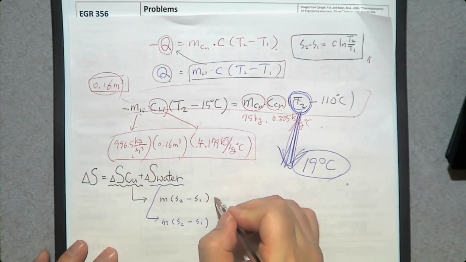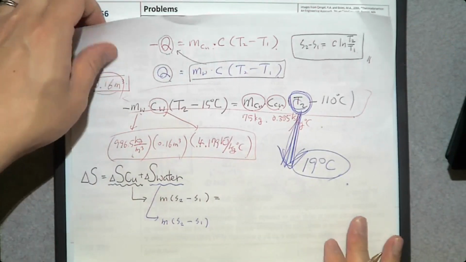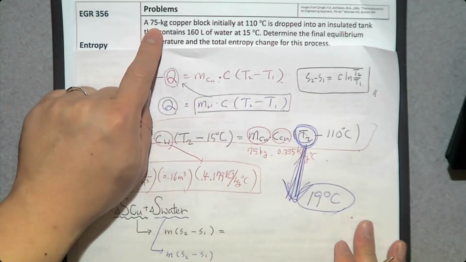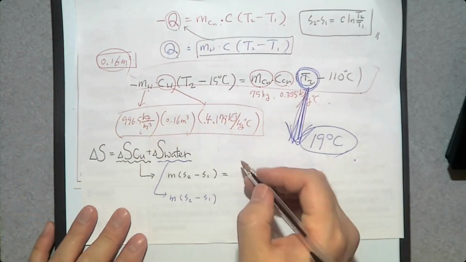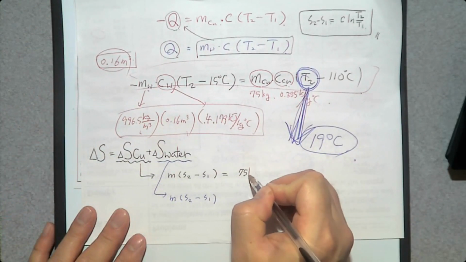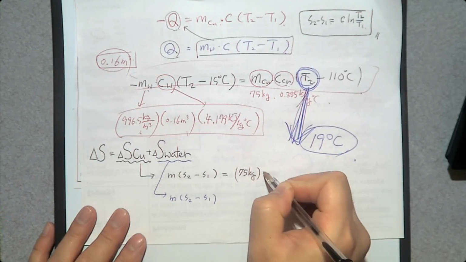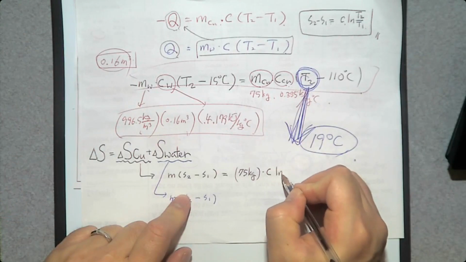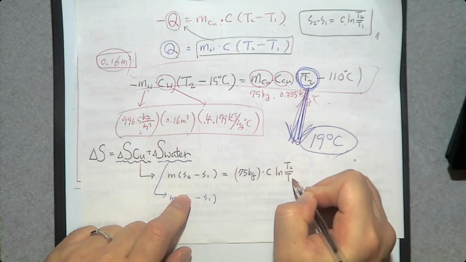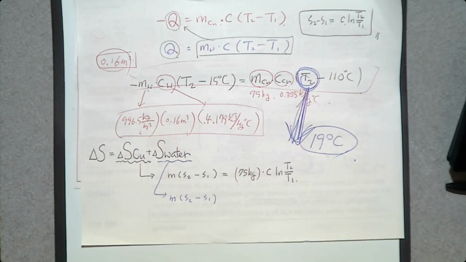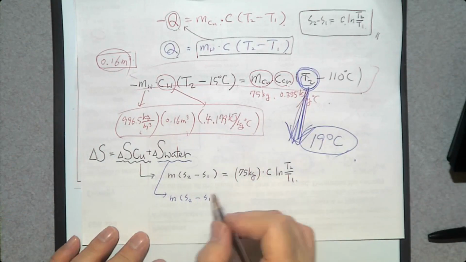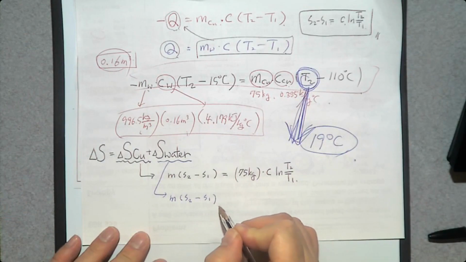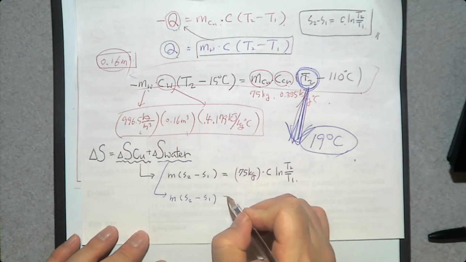So let's do the same. Mass of copper block, which is 75 kilograms, times specific heat C times natural log T2 over T1. What about the change in entropy of water?